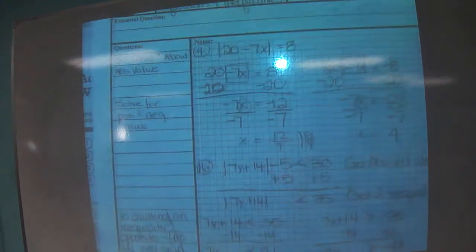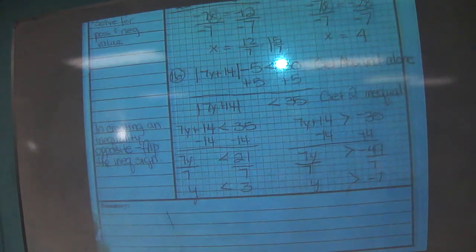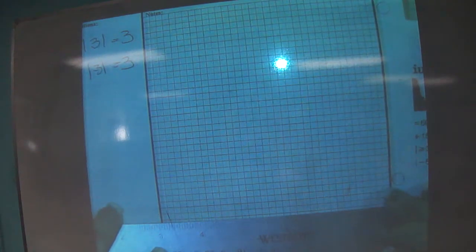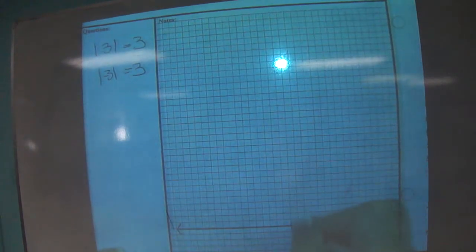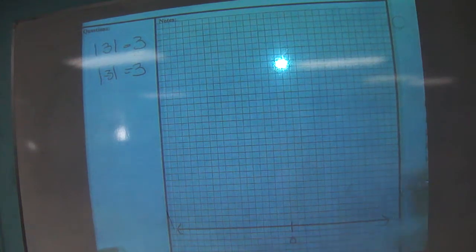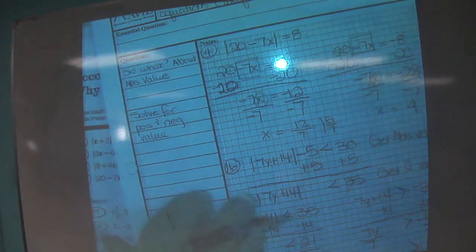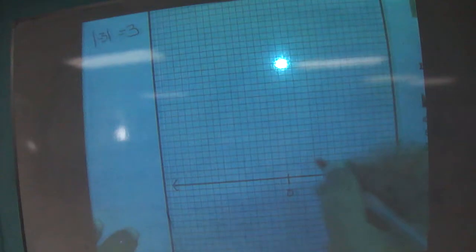How would you graph that? So y is less than 3 and y is greater than negative 7. Sometimes we have to graph these. So there's our number line, and here's 0. y is less than 3, so here's 3.